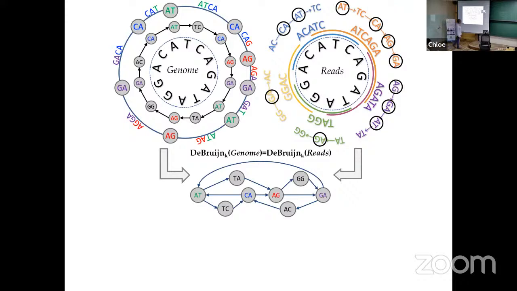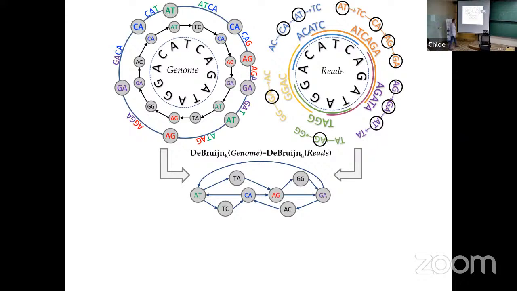Here is a set of reads that are carefully selected in such a way that the set of k-mers in these reads is exactly the same as the set of k-mers here, which means the De Bruijn graph constructed from reads should be the same. Because a De Bruijn graph is only defined by k-mers. If k-mers are the same, then the De Bruijn graph will be the same, right?